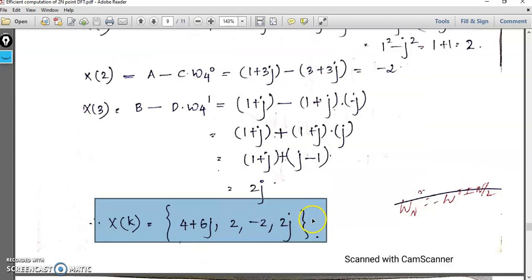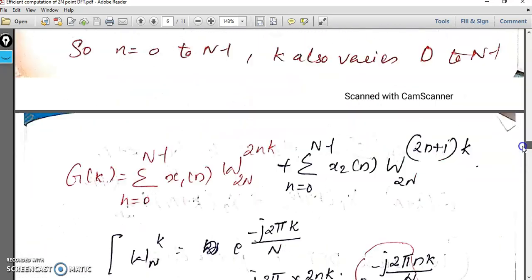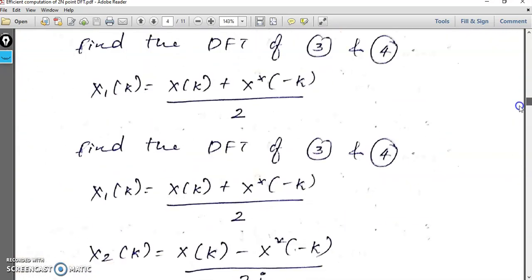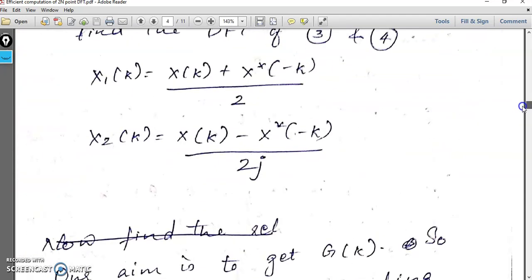Then from x of k, the next step is to find x1 of k and x2 of k. The equation is mentioned here. x1 of k is equal to x of k plus x conjugate of minus k, divided by 2. And x2 of k is equal to x of k minus x conjugate of minus k, divided by 2j. We already found the value of x of k.